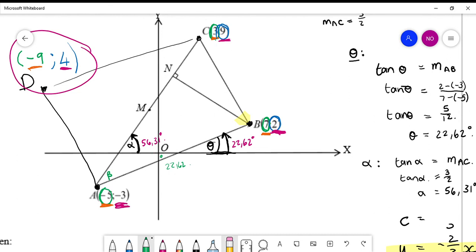Do you guys see that those two are vertically opposite angles? Yeah. And then this is the exterior angle of this triangle. What do we know about the exterior angle? It is equal to the sum of the two interior angles. Boom! Beta. But we'll get to more of those later.